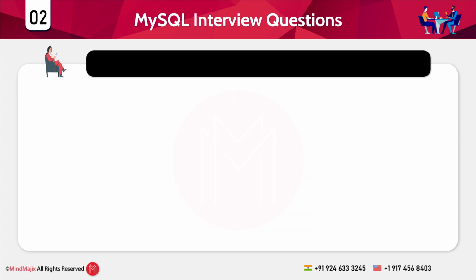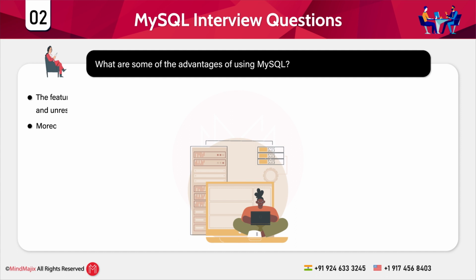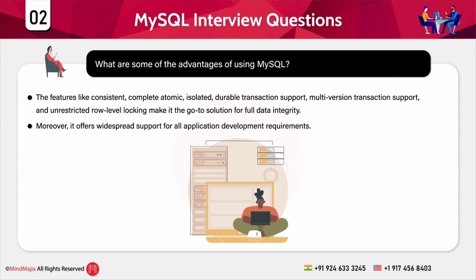Now the next question is, what are some of the advantages of using MySQL? MySQL is one of the very popular open source database management systems in the market. What are the reasons for it? MySQL is dominating the list of powerful transactional database engines in the market.